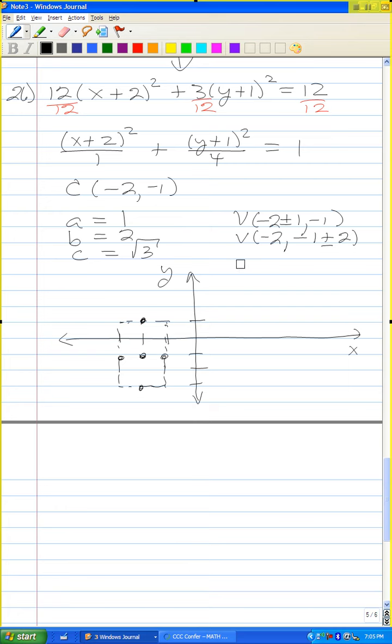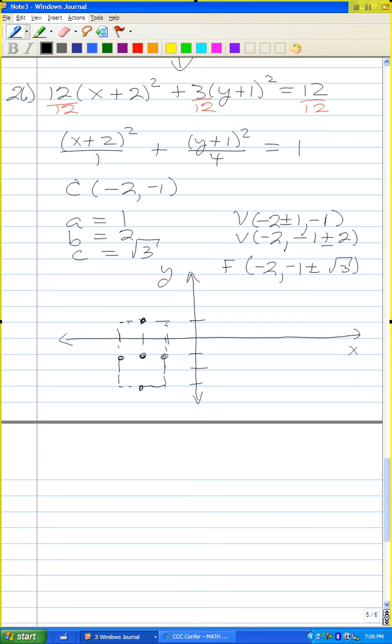The foci, well, the center, of course, I have the center. The foci are located at, well, 2 is bigger than 1, so therefore the foci will be along the y-axis, or parallel to the y-axis, and so this will be at the point negative 2, negative 1, plus or minus c, which is radical 3. And so let's do that.